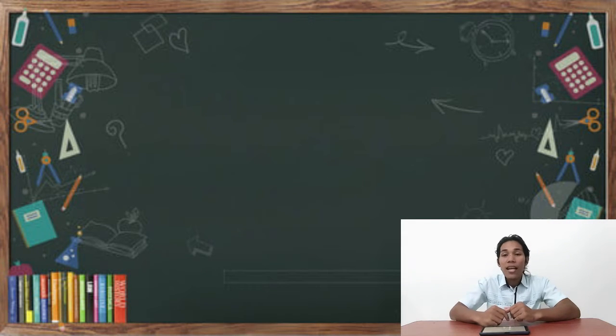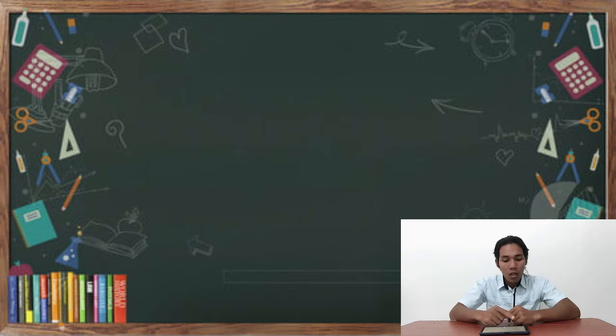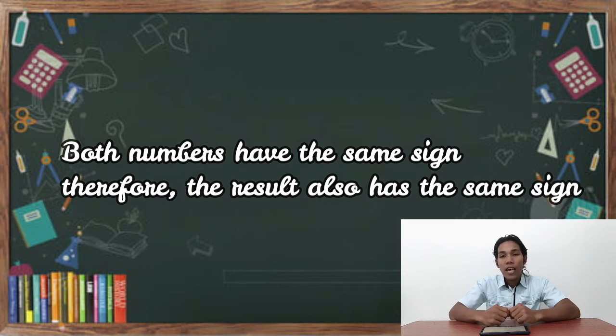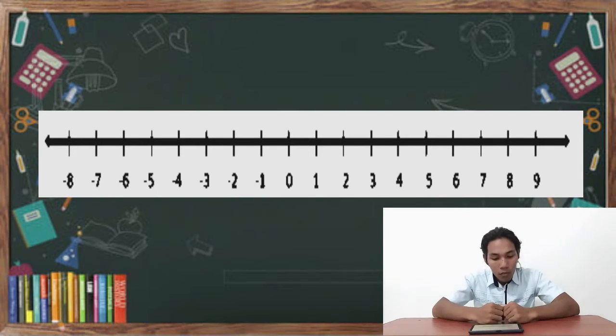Next example is negative 3 plus negative 3 is equal to negative 6. Both 3s have the same negative sign, so the sum of negative 3 plus negative 3 is also negative, or negative 6. We will show this addition on the number line. Here above, from 0 to the left side is negative 3.